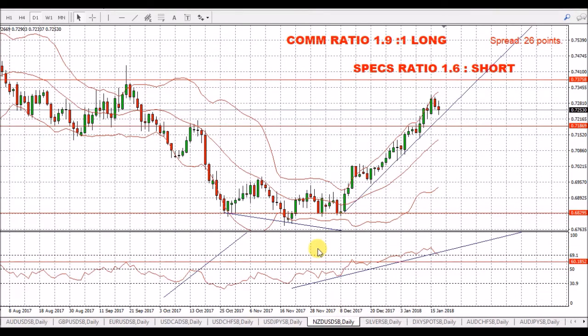New Zealand dollar, US dollar. Right. Since I first looked at it, we've had a little bit more downside on this. We have come down nice and sharply, and we have cut through the trend line. So it does look like this is going to go short. We have a commercials long ratio of 1.9, which was reduced from last week.